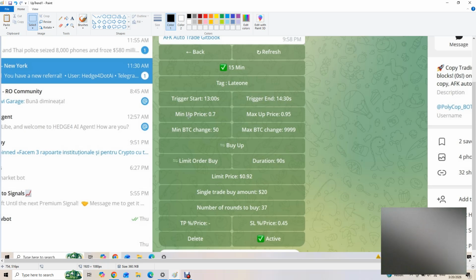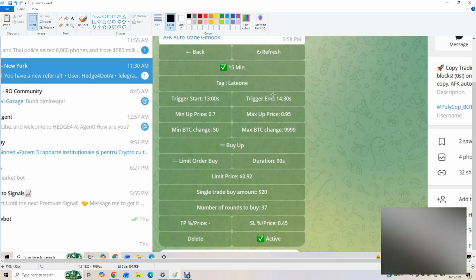Okay, so minimum up price, they only buy if it's 0.70, so they will buy at 70 cents, and maximum set it up like 95 cents. This is a type of percentage. Consider it as a 0.7, a 70 percent chance that it will go up in the next 1 minute and a half.